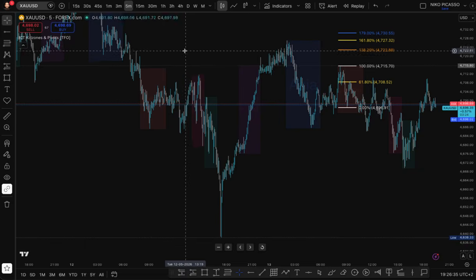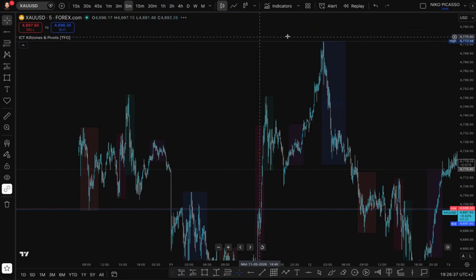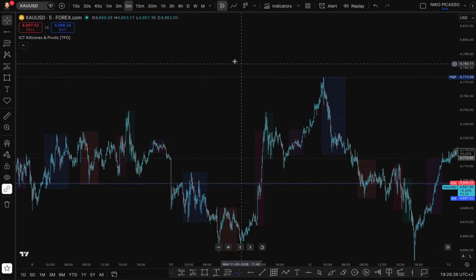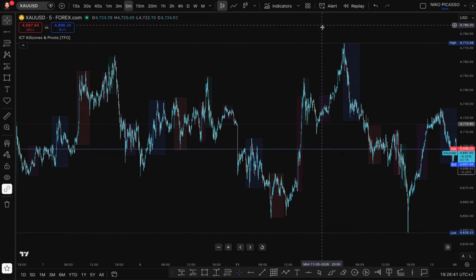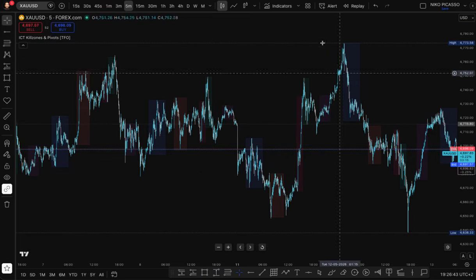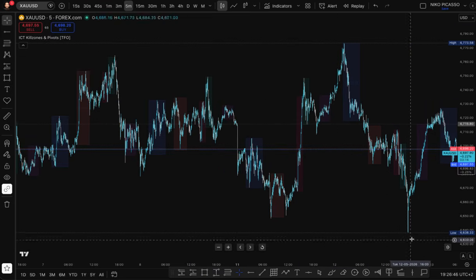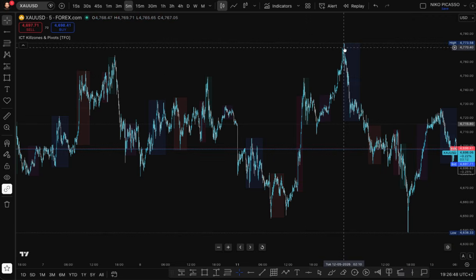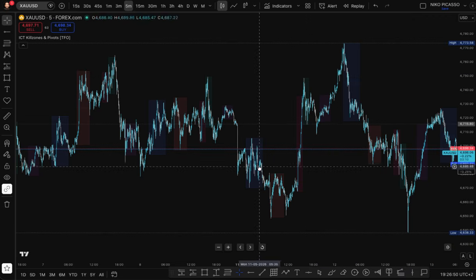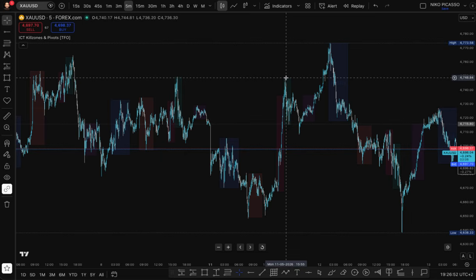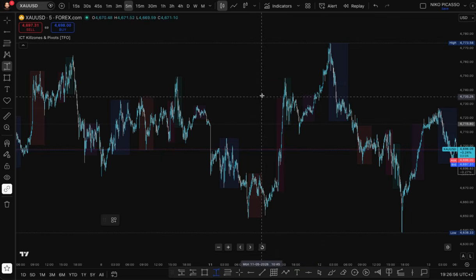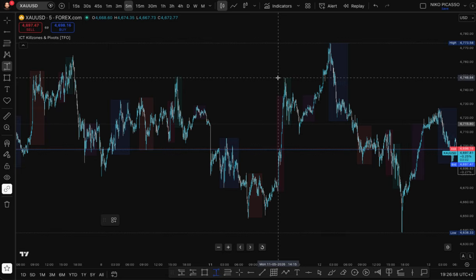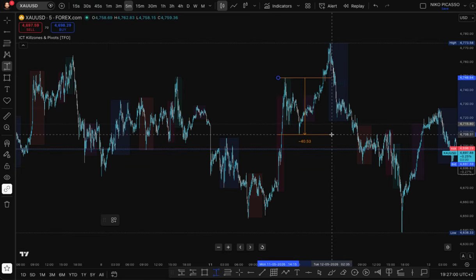Now, the other way we do it is, for example, in this area here, as you can see, we had a nice trade opportunity from this swing high to this swing low. Now, how do we get this level in advance is when they break this swing high right here, then we can take like this, right, and then have 40 here.